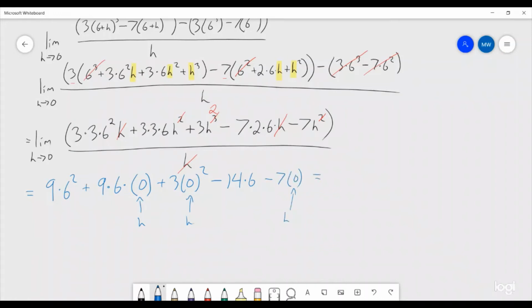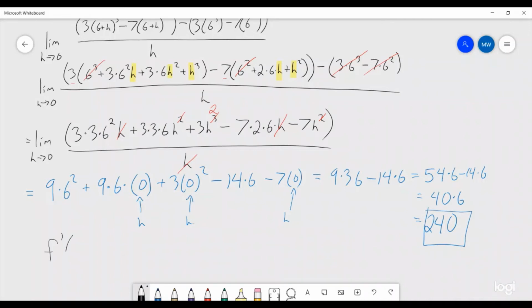So this is just 9 times 36 minus 14 times 6, which is the same thing as 54 times 6 minus 14 times 6. So this is 40 times 6, which is 240. So 240 is what f prime at 6 is equal to.